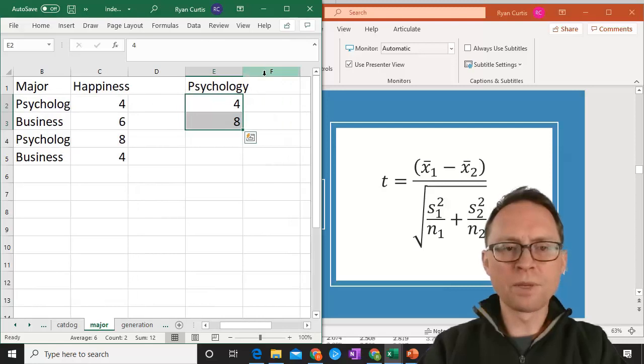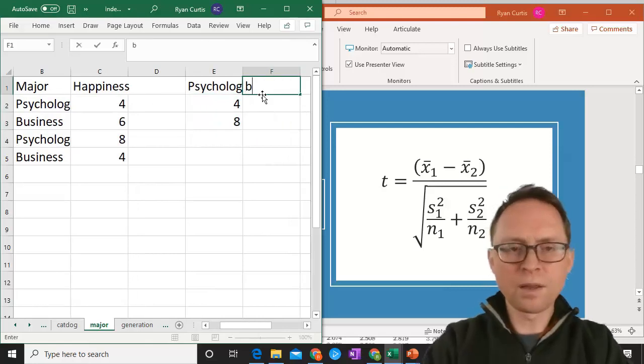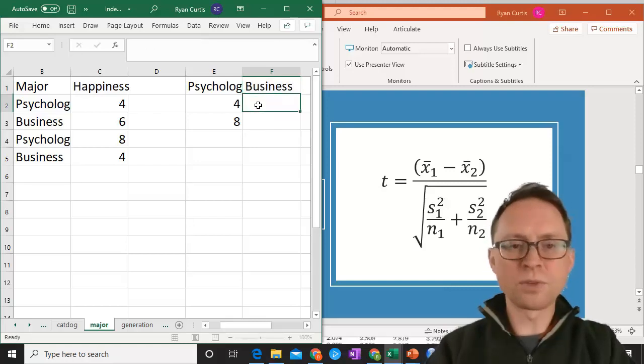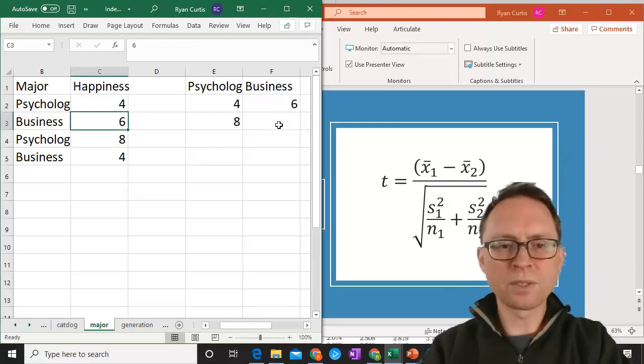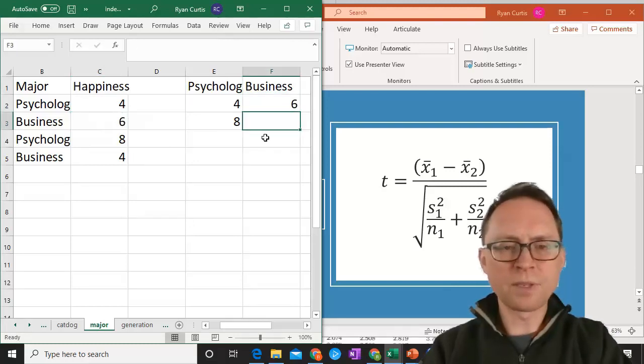Then the same thing for the business majors. Let's go ahead and do it right here. This is the same data, so I'm just doing the same data right here. Business majors, this first one had a happiness of 6, so I put a 6 right there. This one has a happiness of 4, so put a 4 right there.